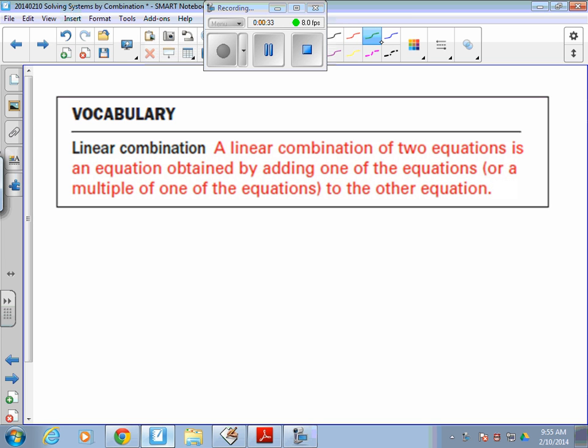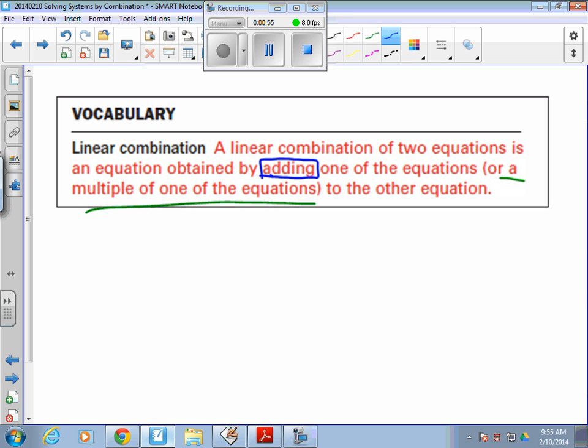A linear combination of two equations is an equation obtained by adding one of the equations, or a multiple of one of the equations, that's key right there, to the other equation. I don't like using this word adding right here, because adding implies that you're using plus or positive numbers. Think more about it as combining two things.